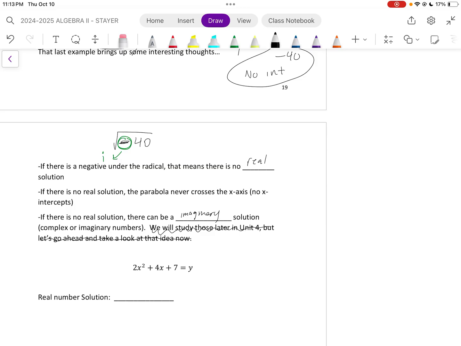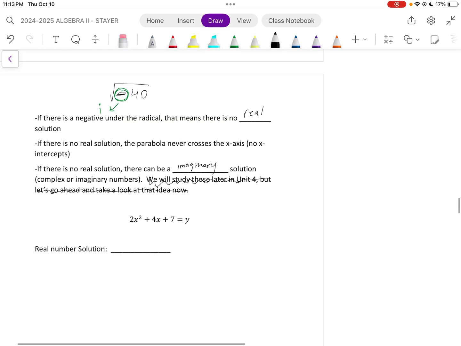Okay, so real number solution, if we're just using, again, the b squared minus 4ac, a is 2, b is 4, and c is 7. And remember, make sure that you're plugging in the right numbers. It's not always the first, second, and third. So it's 4 squared, 4 times 2 times 7. So we already did this one.